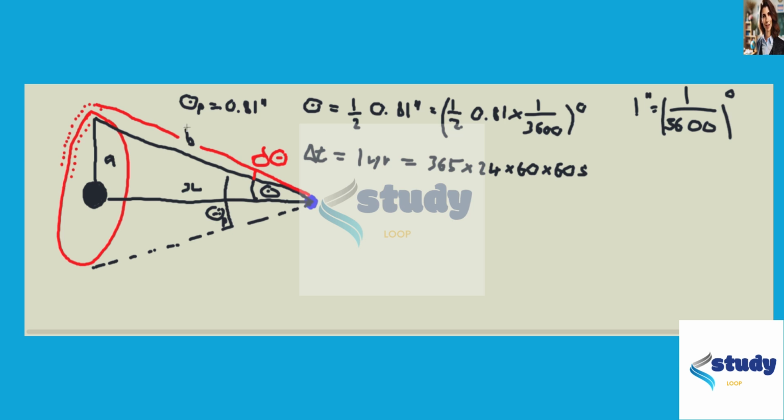But we're told that this is the size of the actual ring, not the angular size of the radius of the ring. So we need to take half of this, because theta p corresponds to the entire ring, not just half of it, which is what we want to use for our calculation to measure the distance.